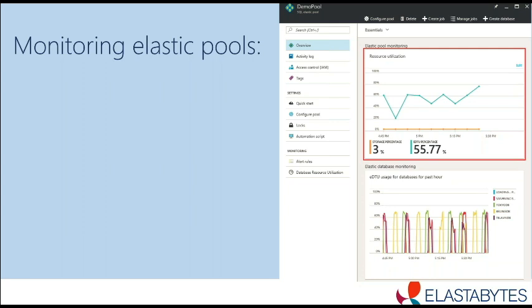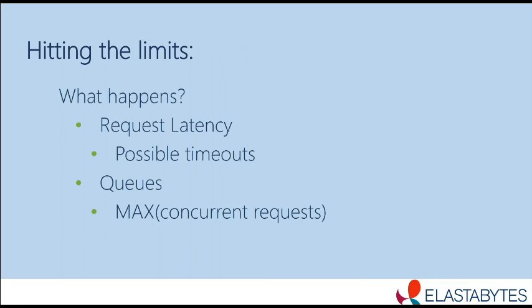So, hitting the limits. Let's say that you have provisioned an Azure SQL service plan with a tier of 150 DTUs, and you start hitting the limit. What will happen? What performance are you going to face? First of all, the server will start giving you latency, and the results that you triggered to get back from the SQL server will take longer.